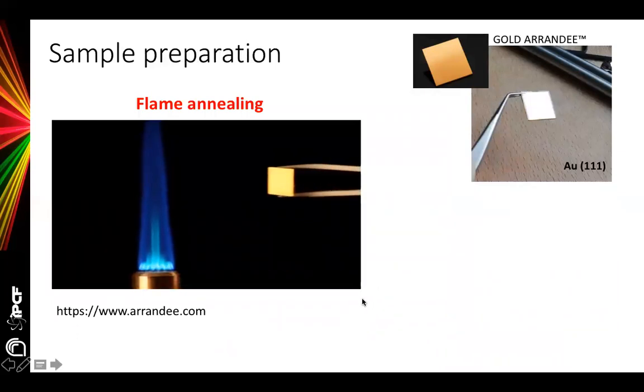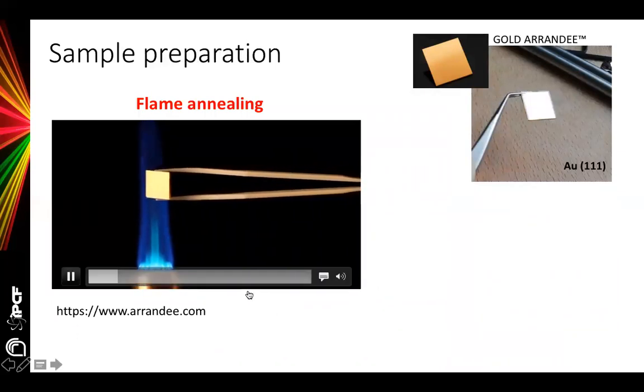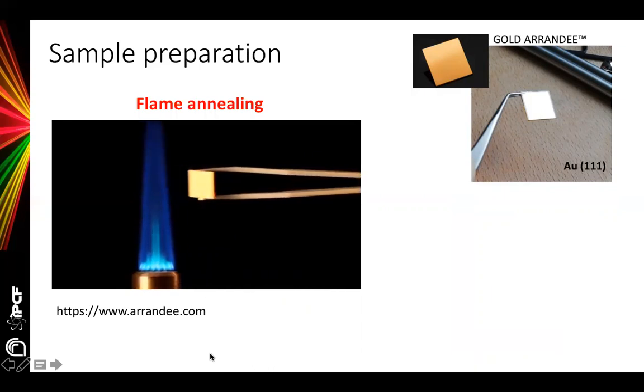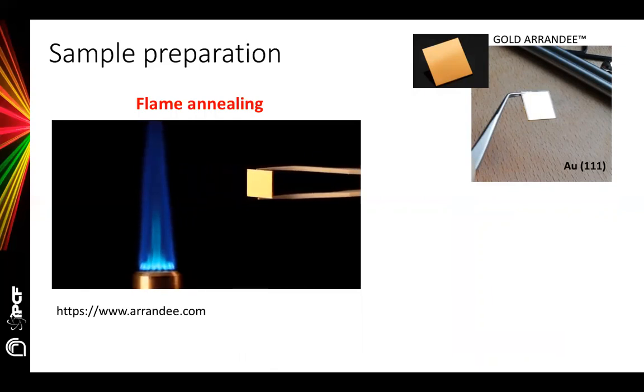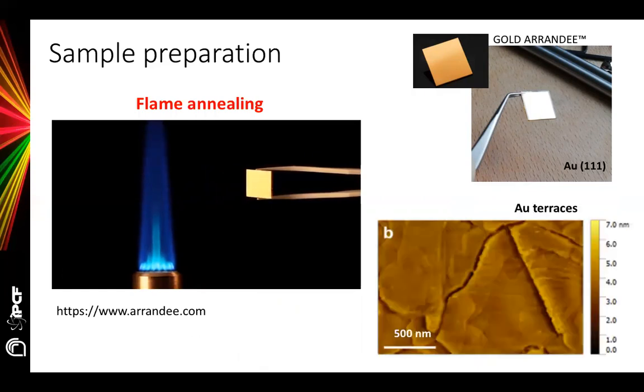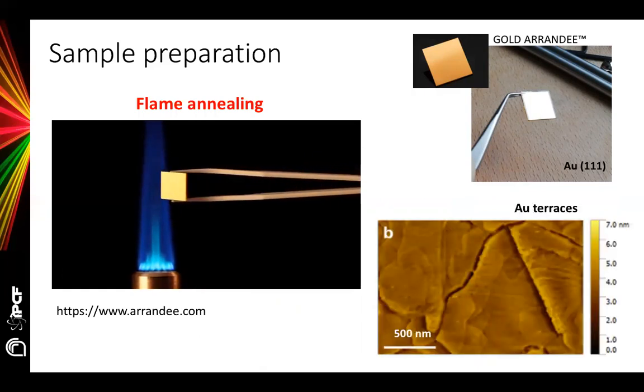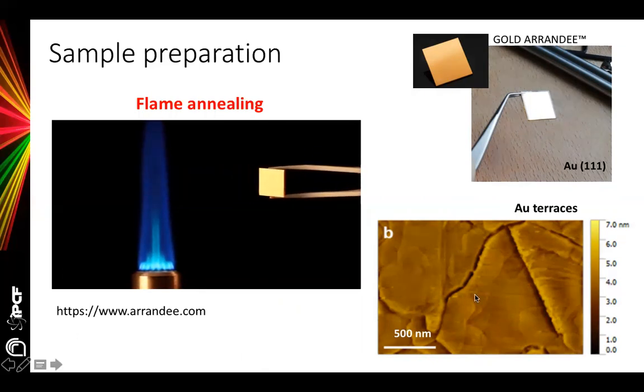It consists of putting the gold film surface in close contact with the flame for a few seconds, and when it starts glowing, you retract it from the flame. This is repeated a couple of times, and this permits to have flat gold terraces which are more extended than without doing this process. And this is a typical STM image of this kind of samples.